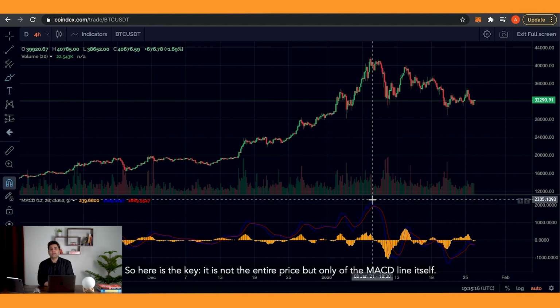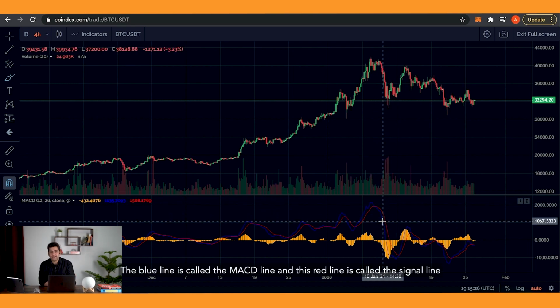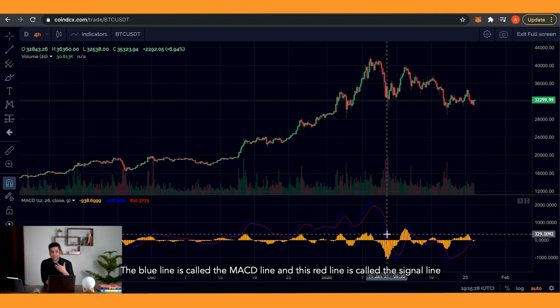So here is the key: it is not the entire price, but only of the MACD line itself. The blue line is called the MACD line, and this red line is just called the signal line, which is nothing but the 9 period exponential moving average of the MACD itself, not the whole entire thing.